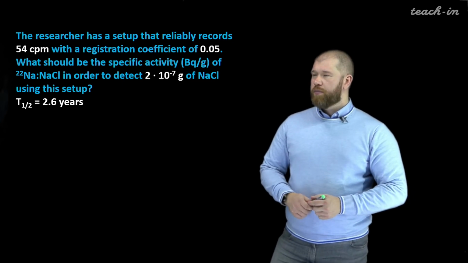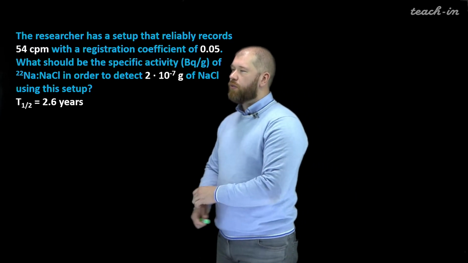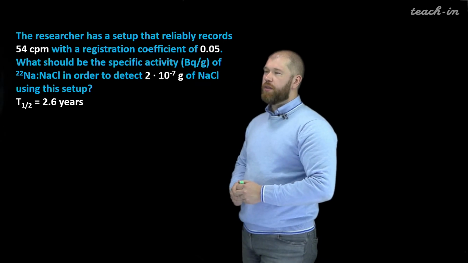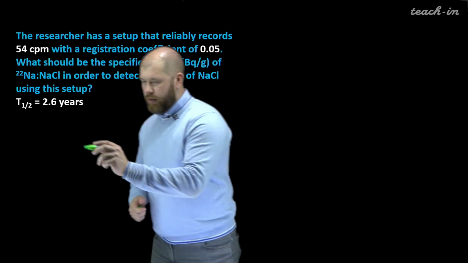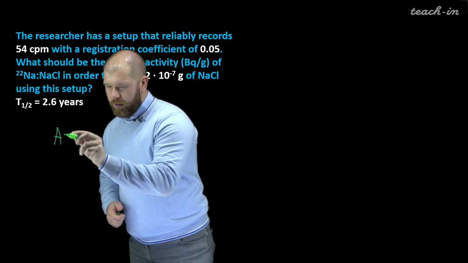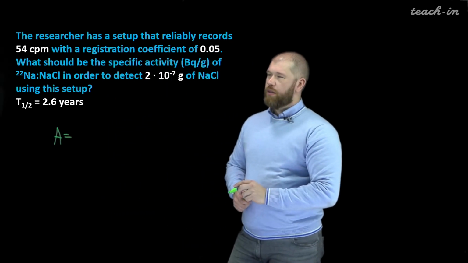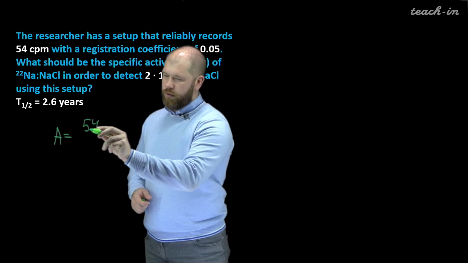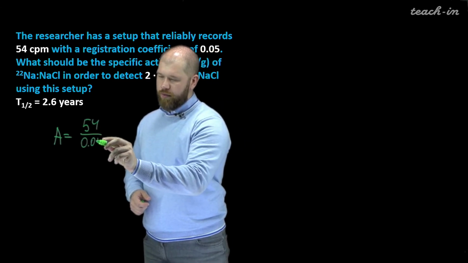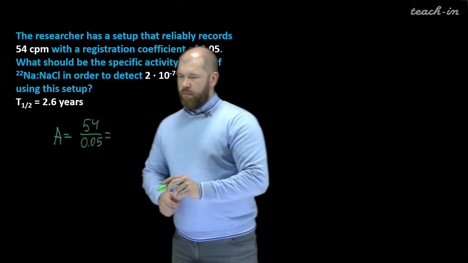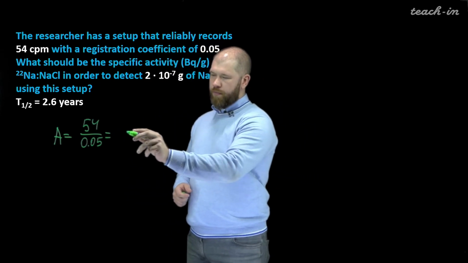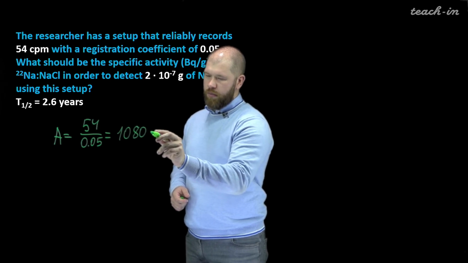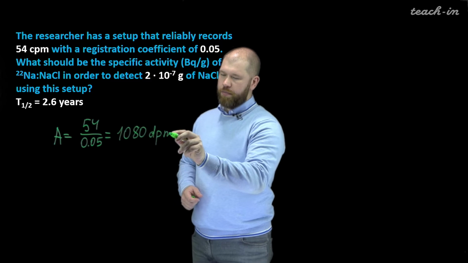So we know again that the minimum count rate is equal to 54 counts per minute. And we can directly recalculate the activity that we can measure. So it will be 54 divided by 0.05. So it will be 1080 disintegration per minute.